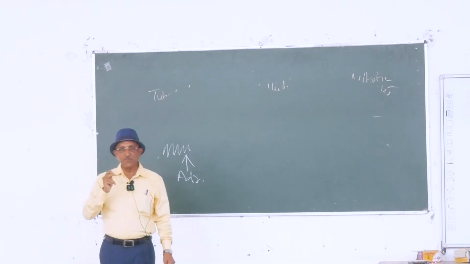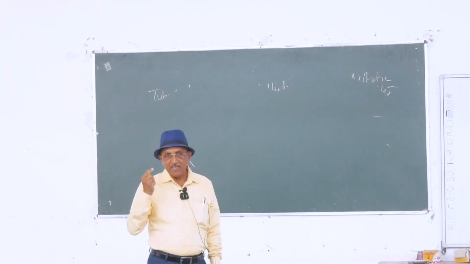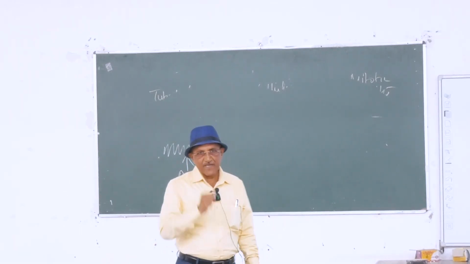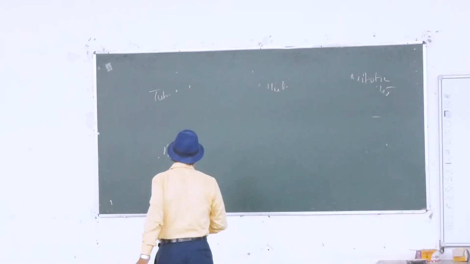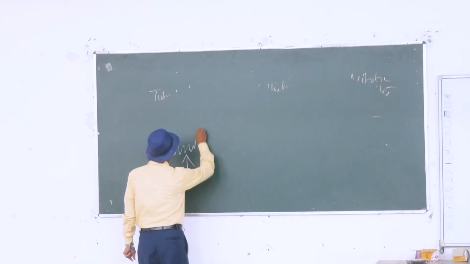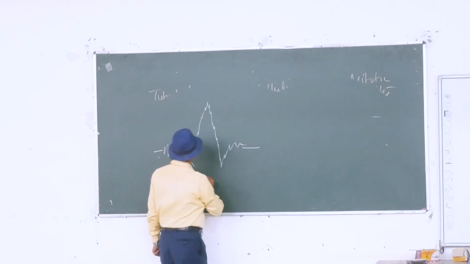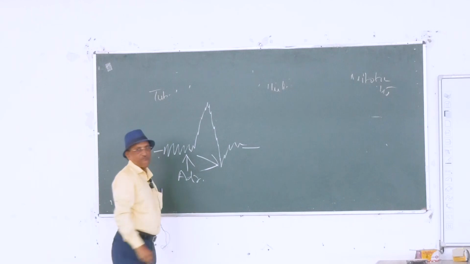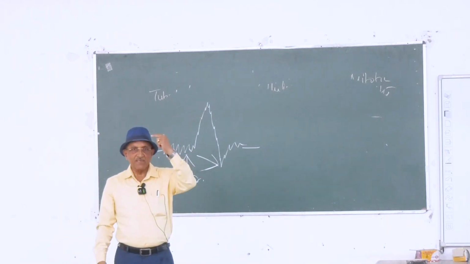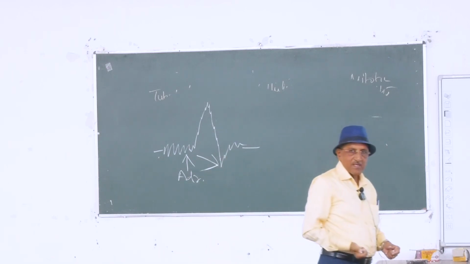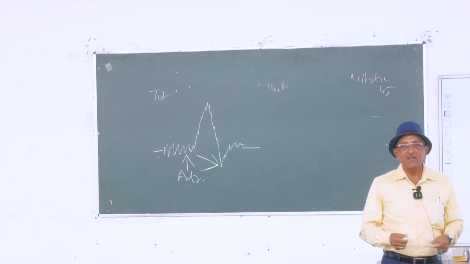Is it monophasic or biphasic? Biphasic. Why is it called biphasic? After rising, the blood pressure comes down below the baseline, then it comes to the normal level. Why?